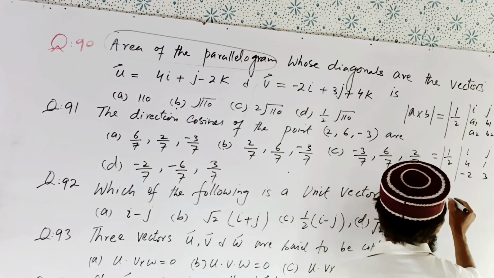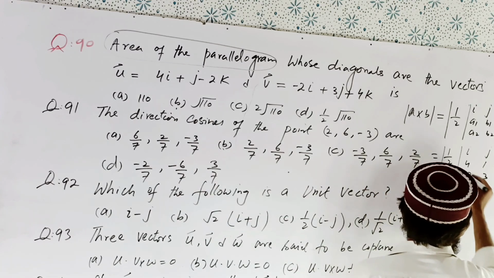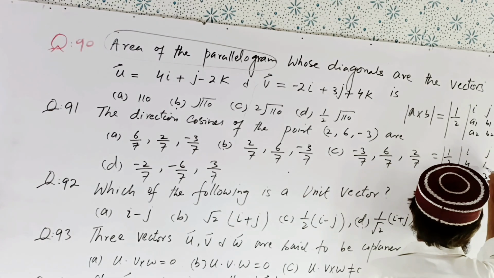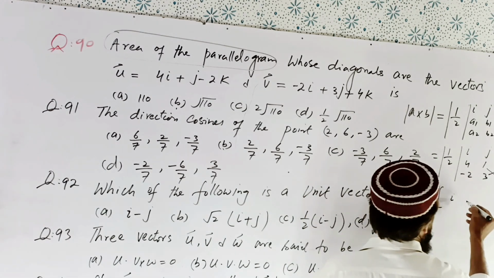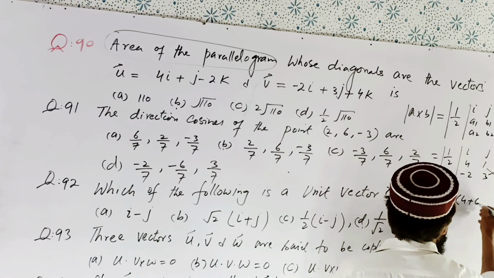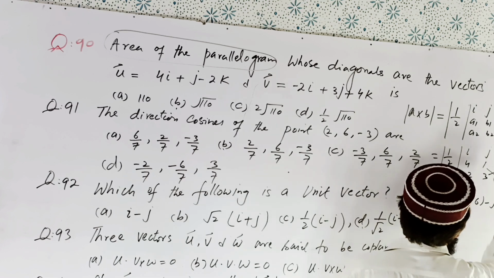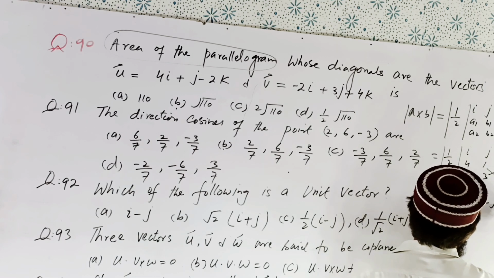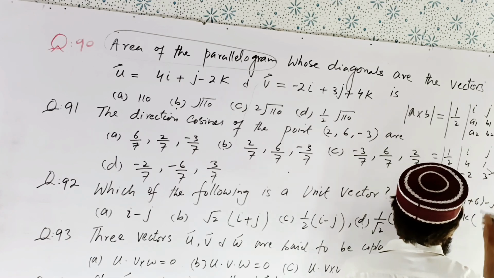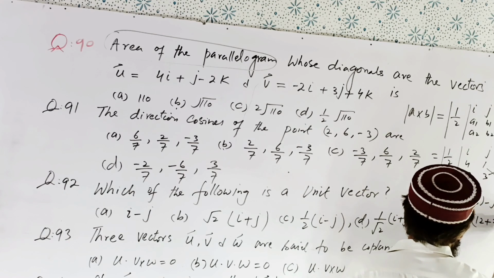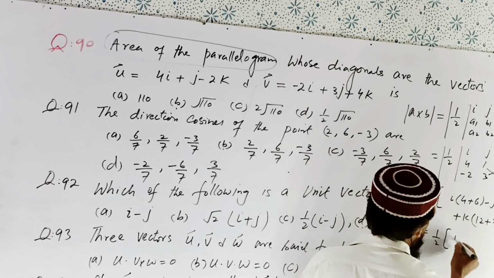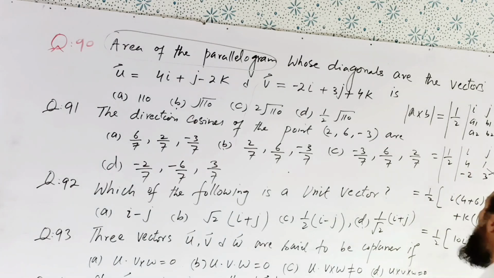Expanding by the first row, we write 4 minus 3 multiplied by minus 2, 6, minus J into 16 minus 4, plus K, or 12 plus 2.